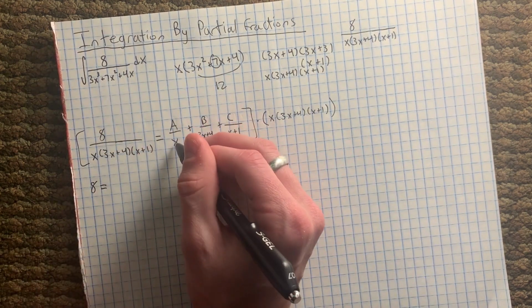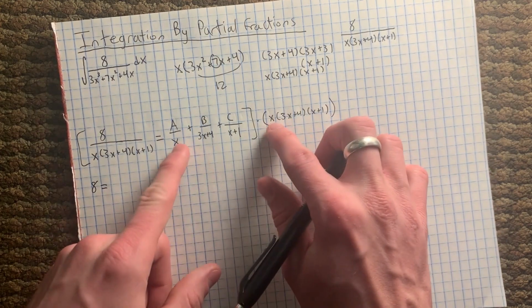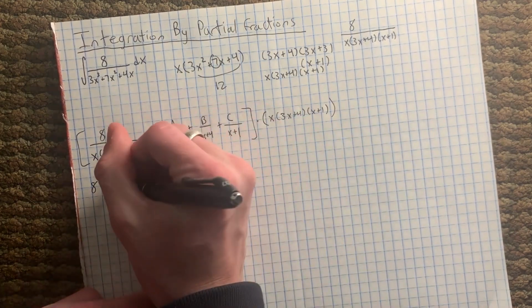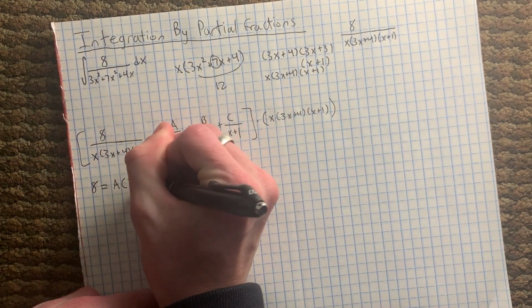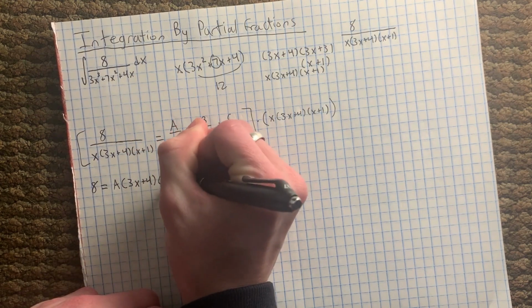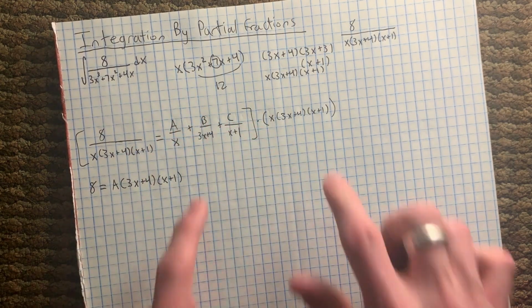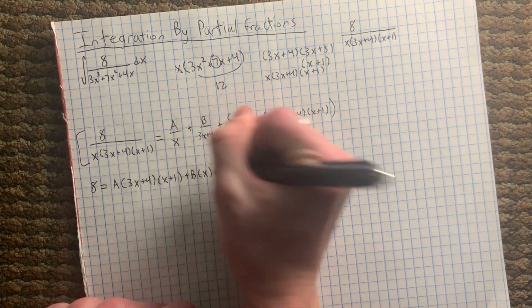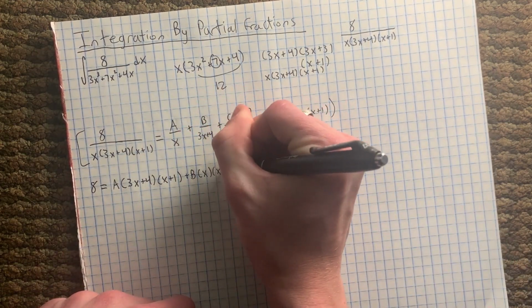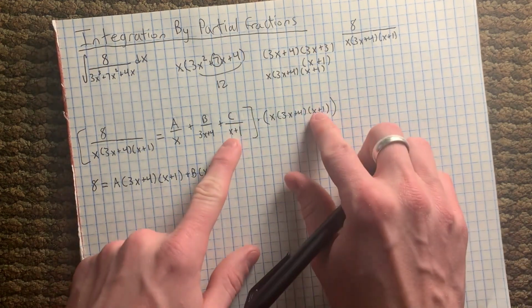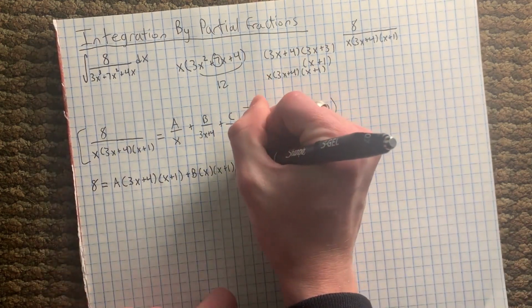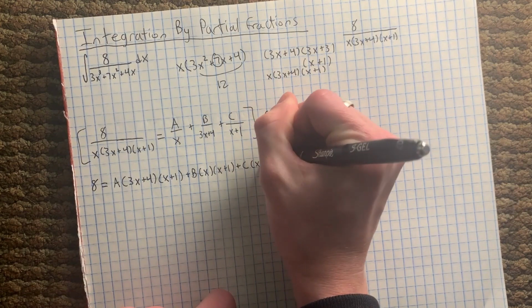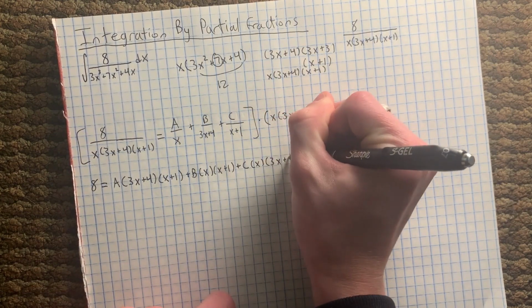We get a over x times all this, so these x's will cancel out, and we're left with a times 3x plus 4 times x plus 1. Now this 3x plus 4 will cancel here for the b, so we're left with b times x plus 1. Finally, the x plus 1's cancel out here, so we're left with c times x times 3x plus 4.